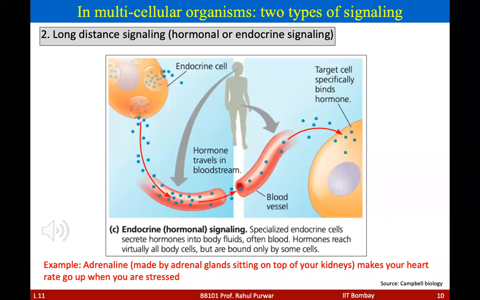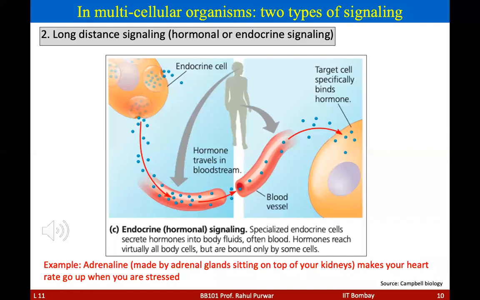So let us imagine a muscle is the target, and if the muscle is far away from the endocrine cells, the hormone will travel in the bloodstream and reach the target cell, where this hormone will either go inside the cells or will sit on the surface receptor present on the target cells, and then the signaling will allow the target cells to respond to this hormone.